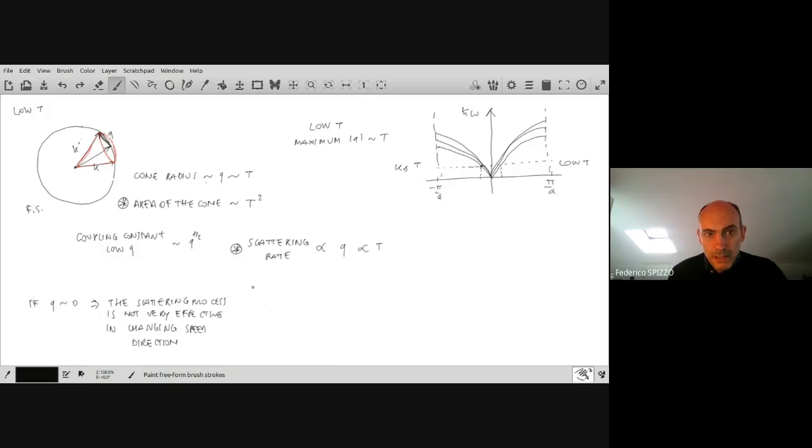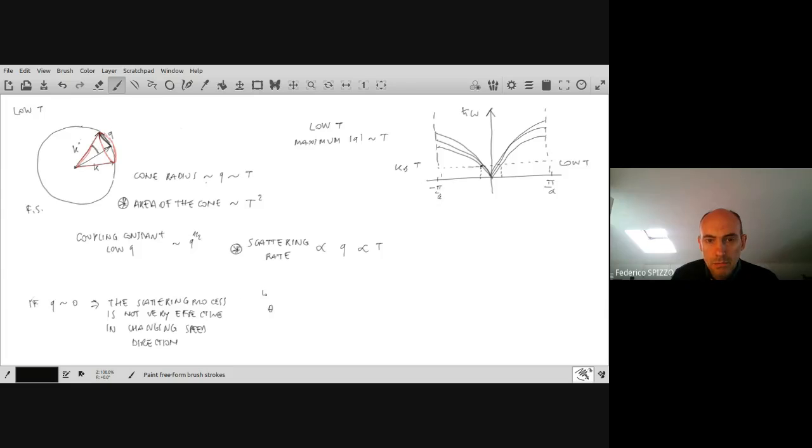So to evaluate this contribution in general, the parameter that is used is this angle, the angle between the initial wave vector of the electron and the final wave vector of the electron.